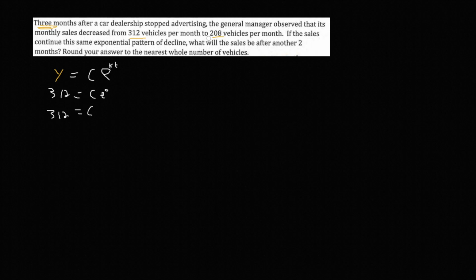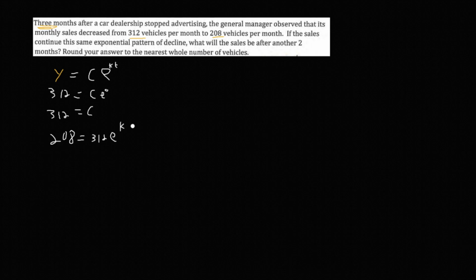Awesome. Okay, so now it decreased to 208. Actually for the third month, y is 208. So 208 is our number of vehicles sold per month. And so this is now c times e to the kt, but we have our c, so we have 312 e to the kt.